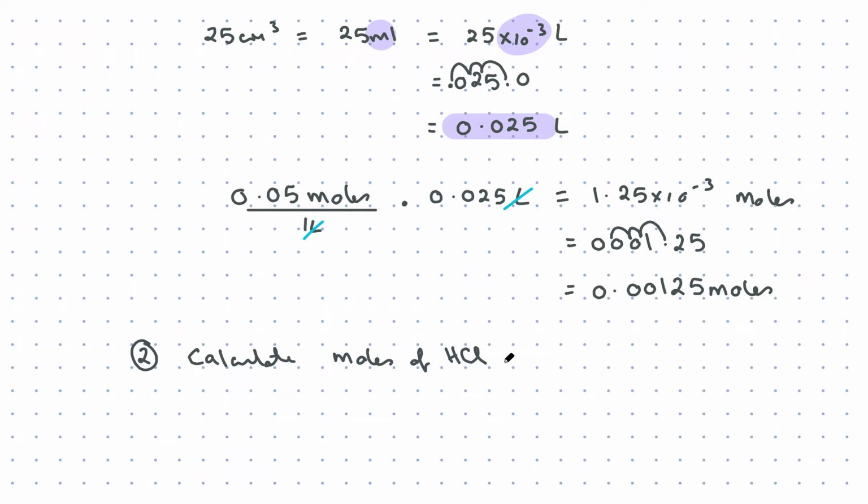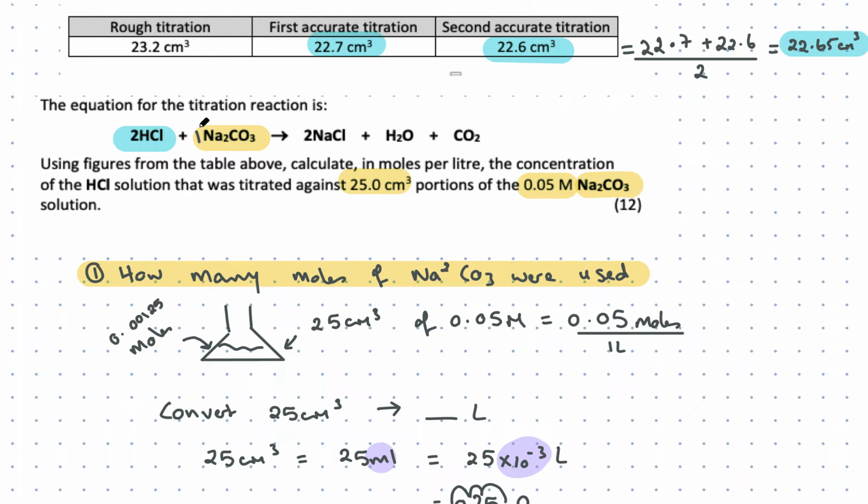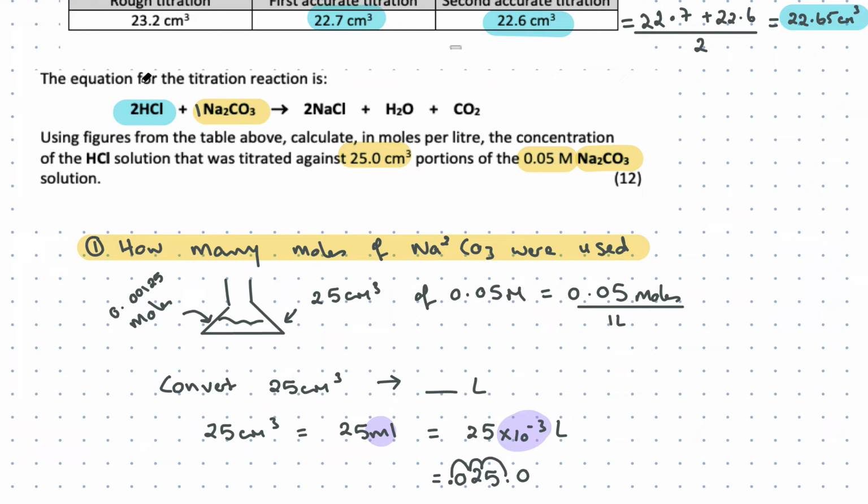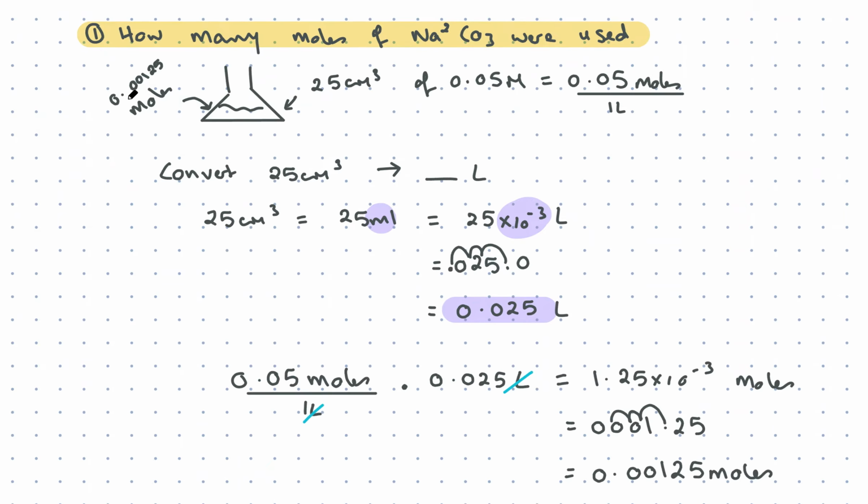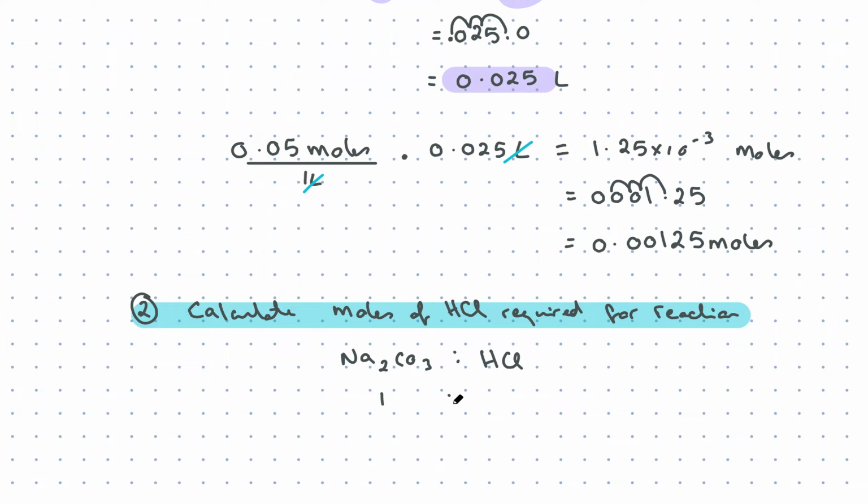And if we take a look, for every one of the Na2CO3s floating around down here, I need to add double that amount of HCl. So for every one here, I needed to add double. So I actually can figure out the HCl part pretty quickly, because I know, according to the balanced equation, if I had one of the Na2CO3s, I must have 2 HCl's to go with it.